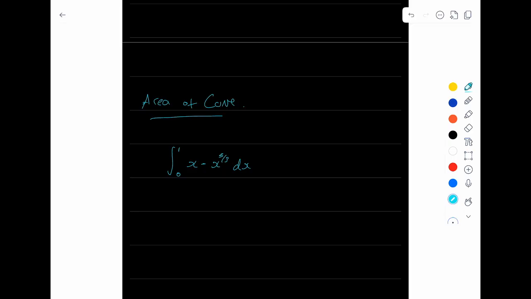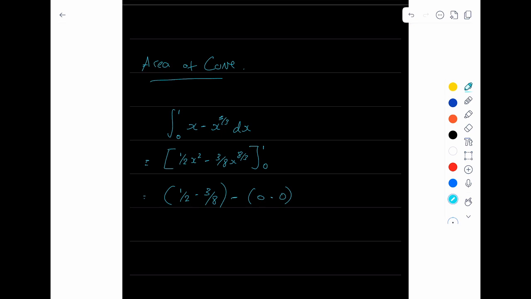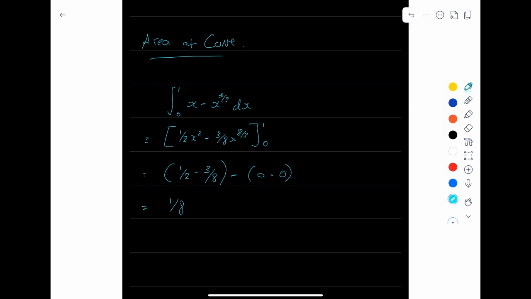If we do the integral of x minus x to the power 5/3 dx from 0 to 1, we get half x squared minus 3/8 x to the power of 8/3, and that's all bounded between 1 and 0. Now, expanding this out, we therefore get a half minus 3/8 minus 0, which gives us 1/8 altogether.